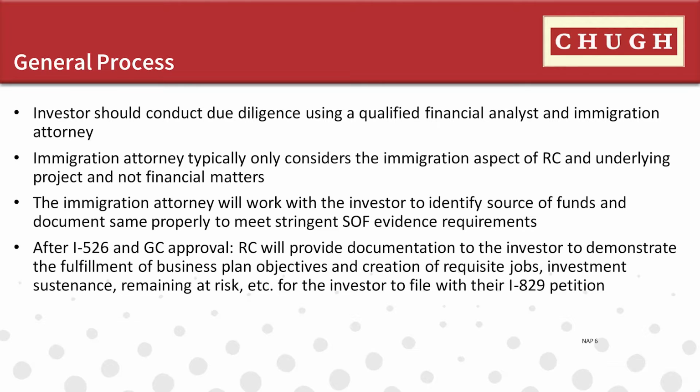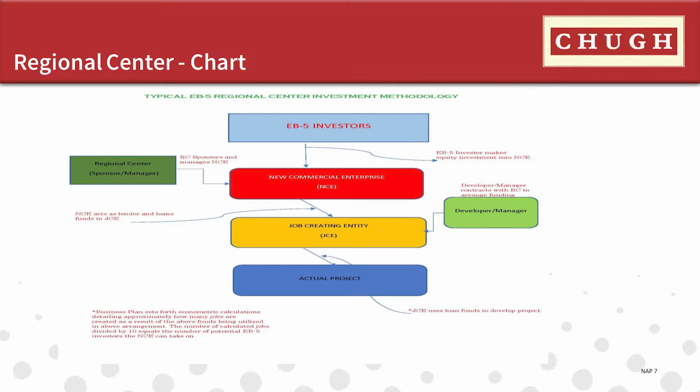After the Form I-526 is filed and the green card is approved, the regional center will provide documents to investors to demonstrate the fulfillment of business plan objectives, creation of the requisite jobs, investment sustenance, and remaining at risk, allowing the investors to file the I-829 petition to remove conditions.